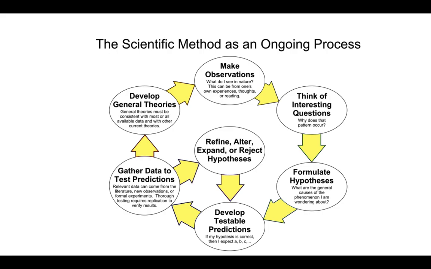We put our hypotheses to the test in different ways and shapes and forms. And sometimes they pan out, sometimes they don't, and we have to refine or alter or sometimes just reject our hypothesis. Doesn't mean that the process stops.